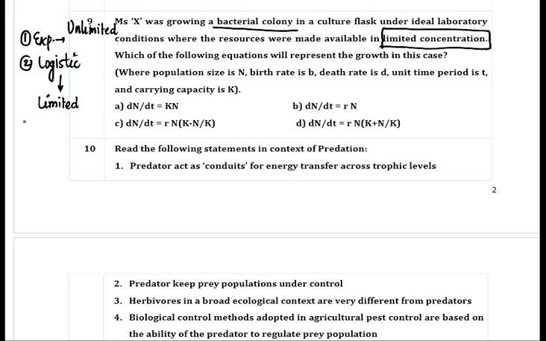The formula for the logistic growth is dN/dt = rN(K−N)/K, where K is the carrying capacity. So here the correct answer is C.